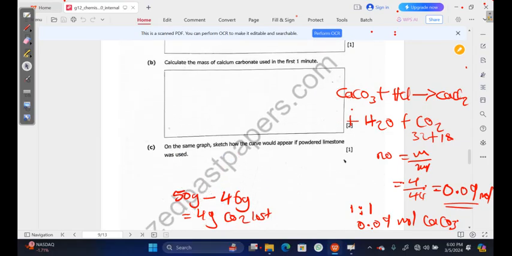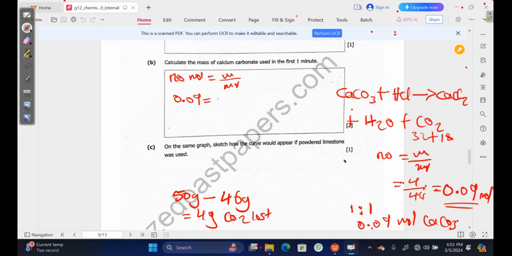So in that regard, we use the relationship which says number of moles is equal to mass over molecular mass. So the number of moles for calcium carbonate now is the one we are dealing with. We've said it's 0.09.